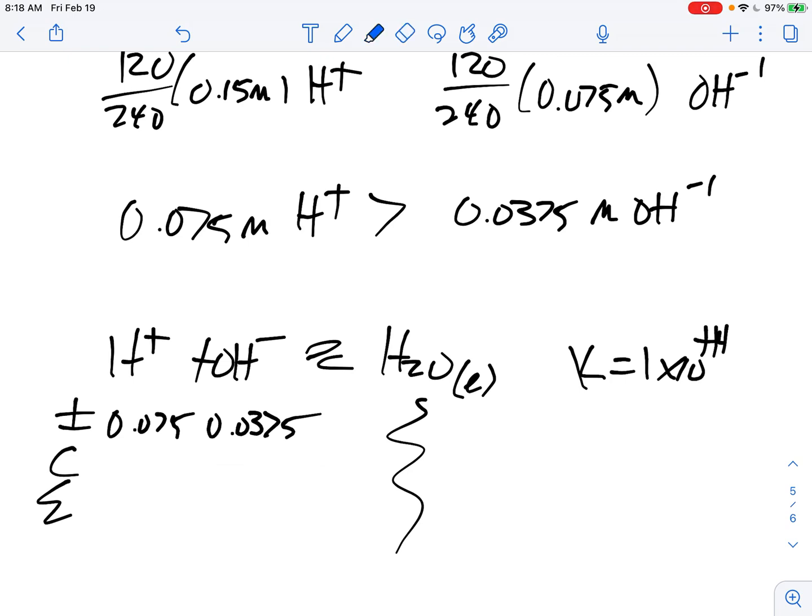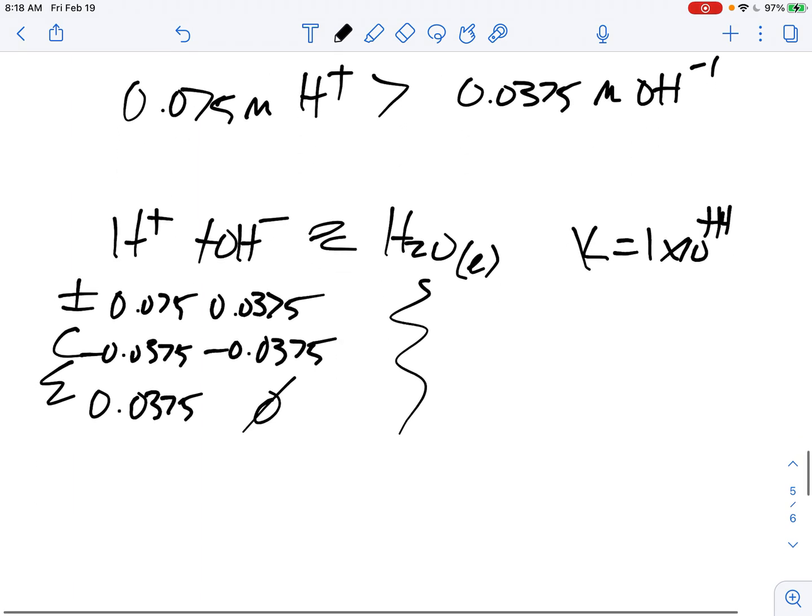And so, consequently, you're going to see this as minus 0.0375 and minus 0.0375 to be left with 0.0375 here and 0. Once again, technically speaking, that is a lie. It's just a really small number.